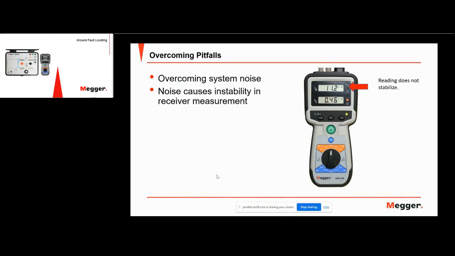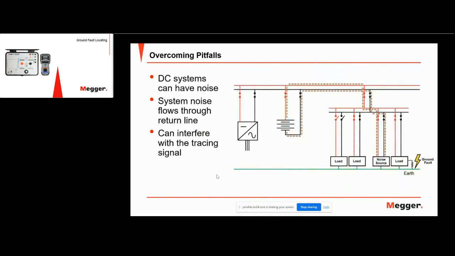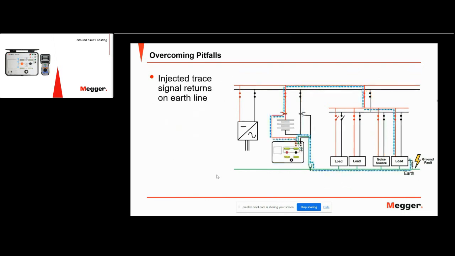and this is a telltale sign of noise on the system. Okay, so when we have a DC system, when you have noise on that system, that current from the noise is going to flow through the system and come back on the return line. But remember how we hook up the transmitter.